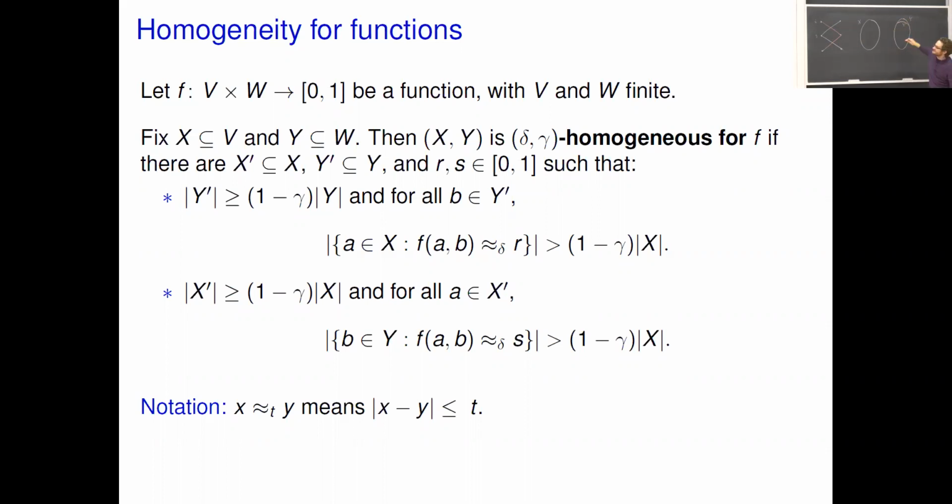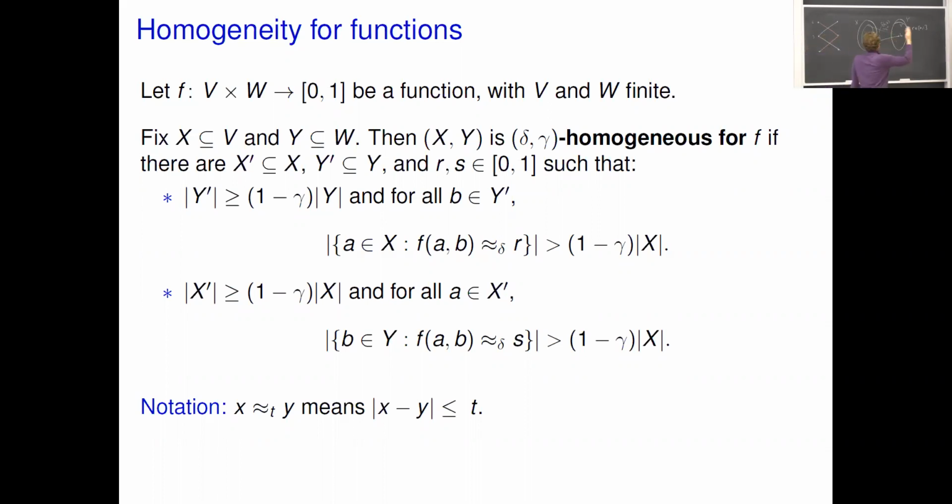And then the second condition says that if I take any point B in this slightly smaller set, I have a unique number R in 0, 1, so that if I look over here and ask for the set of points so that the value of the function f(x, B) is very close to this fixed number R, so it's within delta of R, where the squiggly notation means the absolute value of x minus y is at most t.